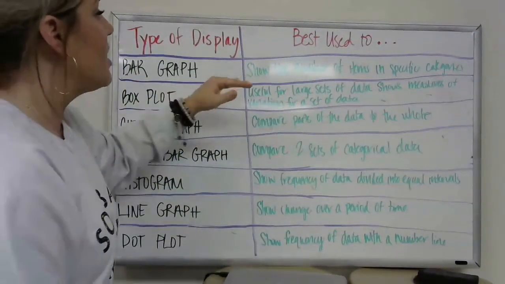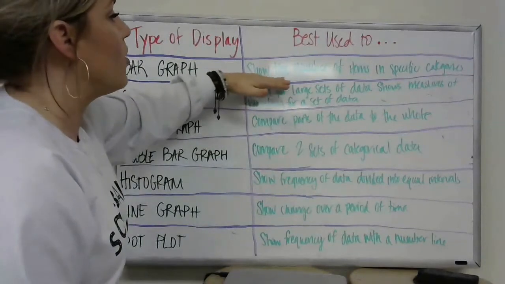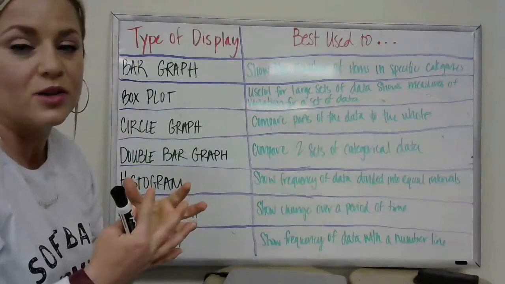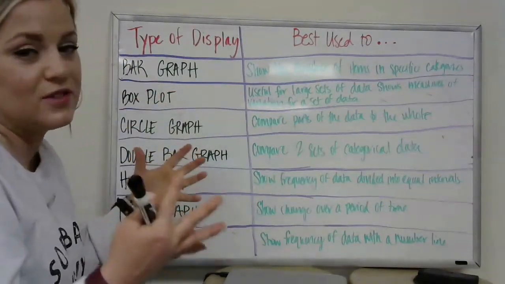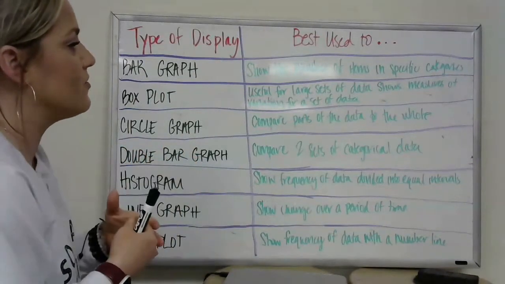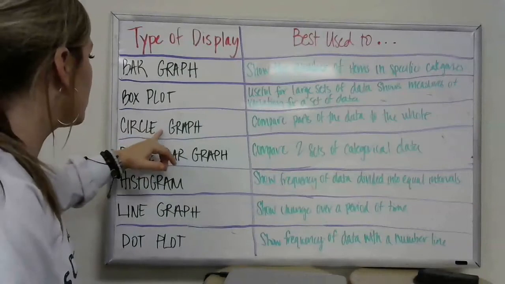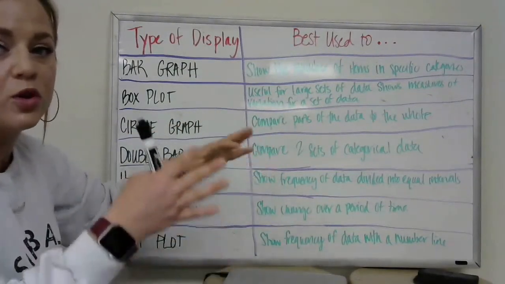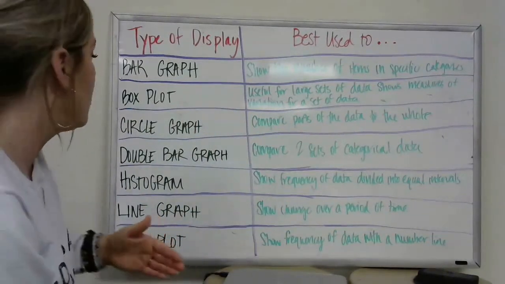A bar graph shows a number of items in specific categories. A box plot is useful for large sets of data and shows measures of variation. A circle graph compares parts of the data to the whole, so when you want ratios and percentages, part of something to a whole.